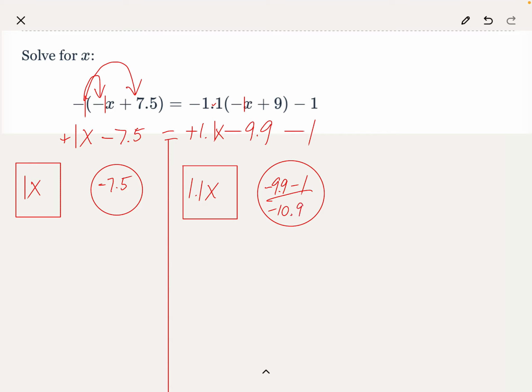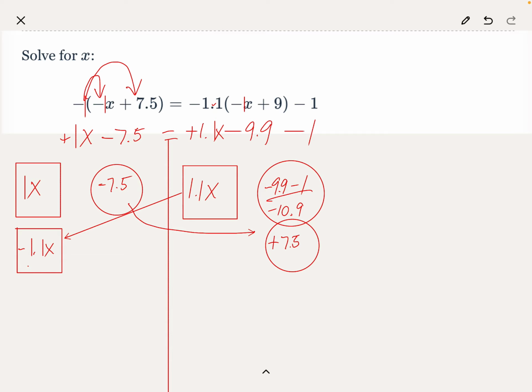And now I'm going to take this box and move it over here. So it's going to be a negative 1.1x. And then I'm going to take this circle and move it over here, and this is going to be a plus 7.5. The reason I changed the sign is because I crossed the line. The reason I changed the sign on this one is because I crossed the line.